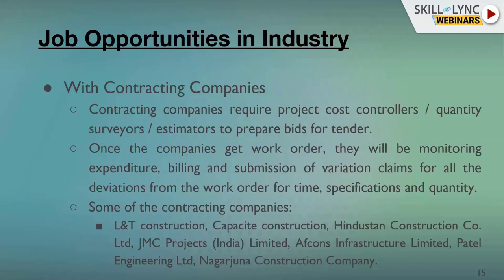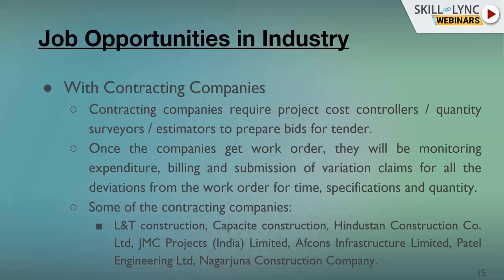So they have to understand all the quantities for the works. They need to work out the exact rates for the work, and then they put up the project cost. And when they get the job, then they have to execute the work. During execution, there is a billing procedure. Then there are variation claims, and then there is a full and final bill settlement.